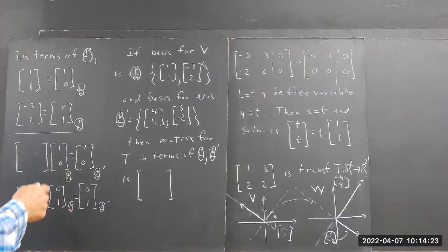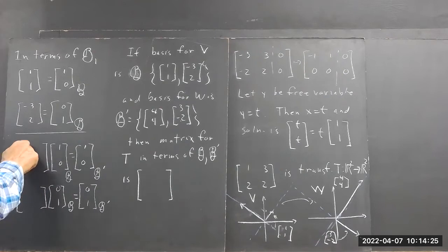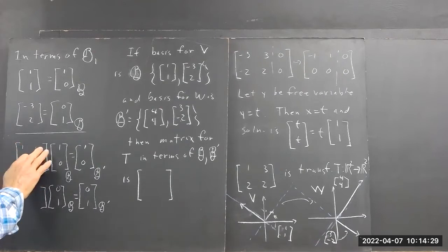Well, in that case, the matrix would have to be, well, it could be 1 anything and 0 anything.